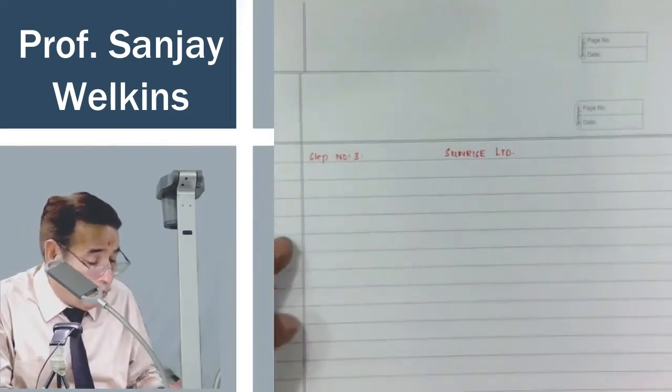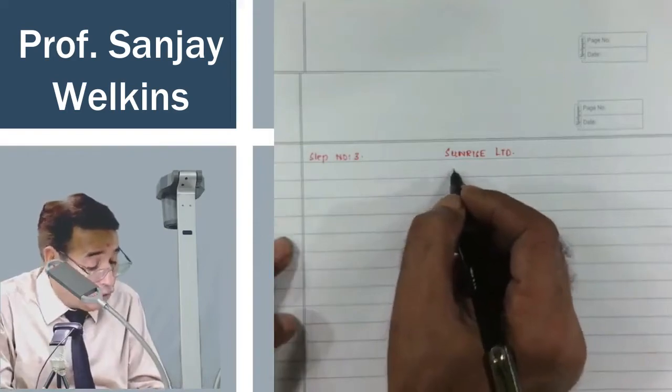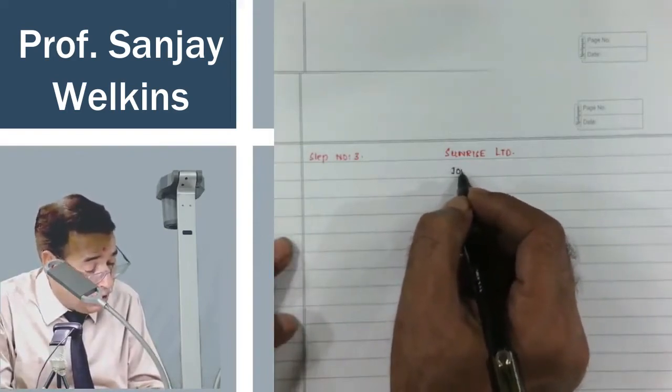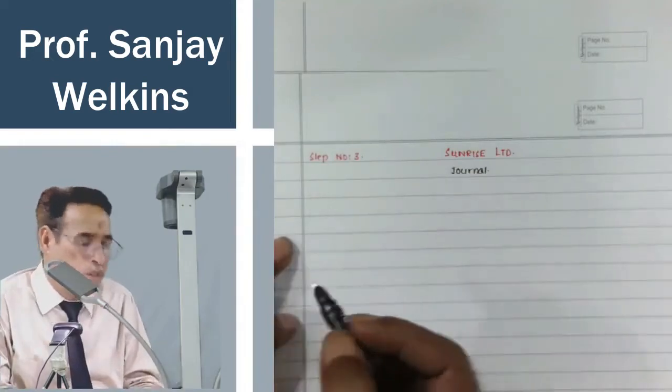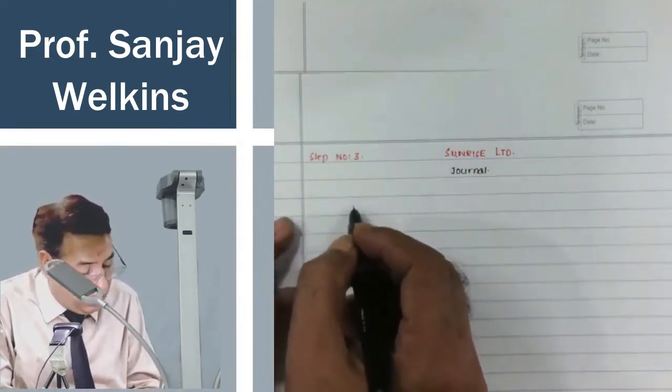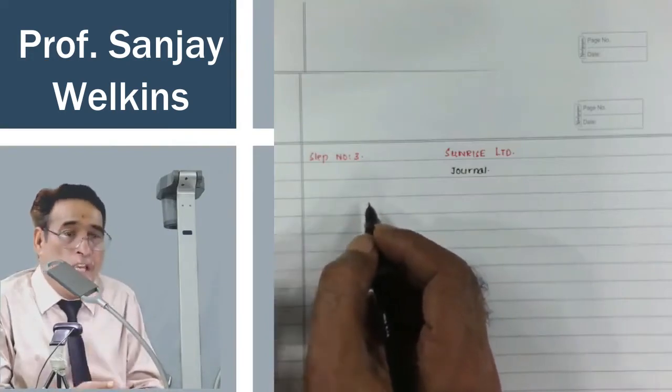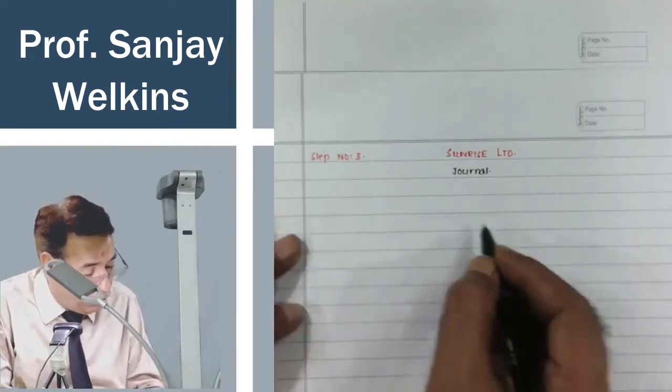First of all, you let me know what entry I am going to pass in the books of Sunrise Limited. Although it is not asked, and neither does it make any point to ask, because hardly any entry is there. Whatever assets they have taken up, we are going to put it up over here.